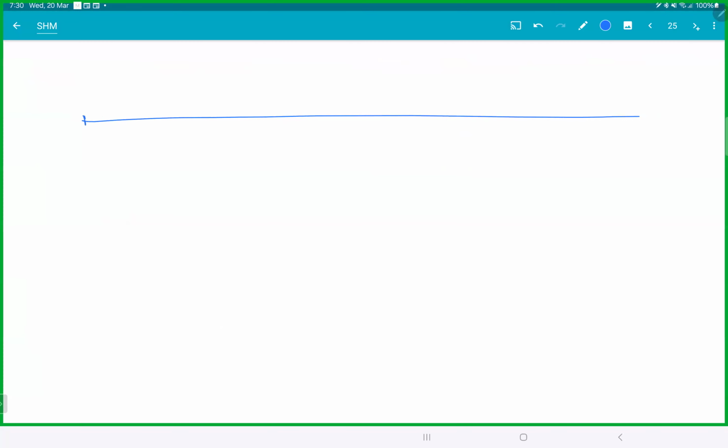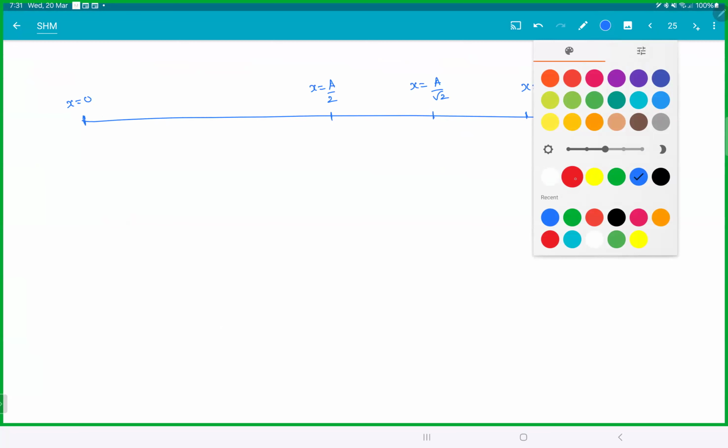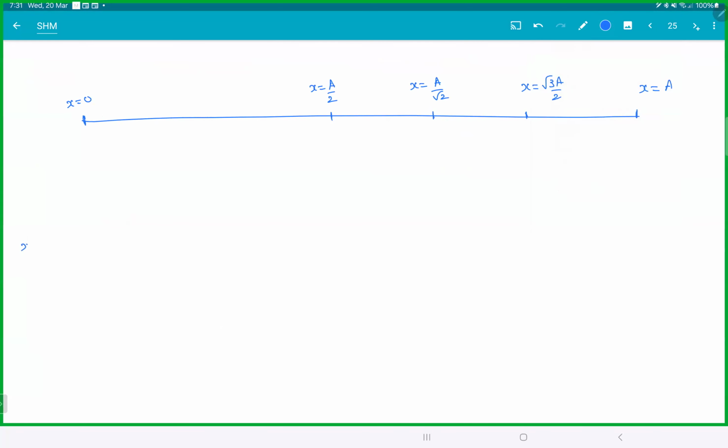Let's say I will take from here x = 0 to x = a, x = a/2, x = a/root 2, x = root 3 a/2. You can actually calculate it easily. x = a sin omega t.